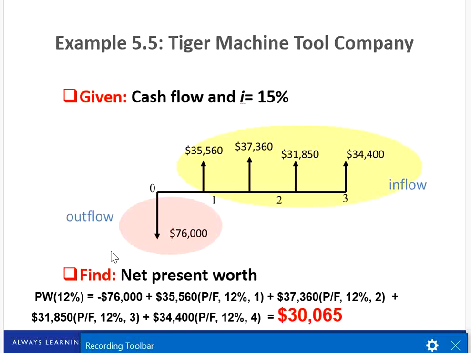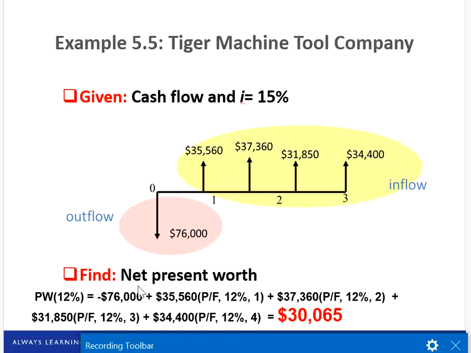example. So if you calculate a present worth of this one using our formula, which is F equal to P times 1 plus i raised to power n, or P equal to F over 1 plus i raised to power n, that formula we use it and we can calculate a value of this cash flow. It is going to be 30,655 minus 76,000.